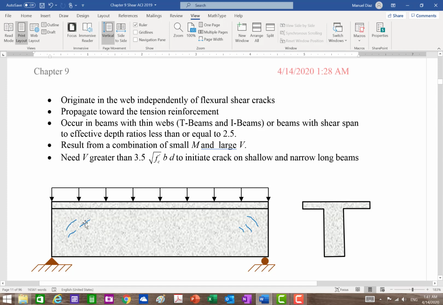So that means is the case where the moment is small, but the shear at this location is large. So we got that. Okay? And usually you need a force that is 3.5 times the square root of f'c bd to initiate the crack.